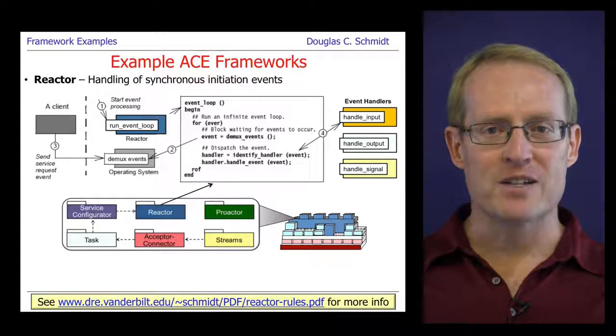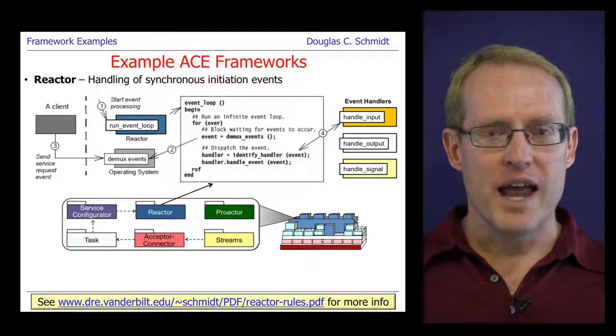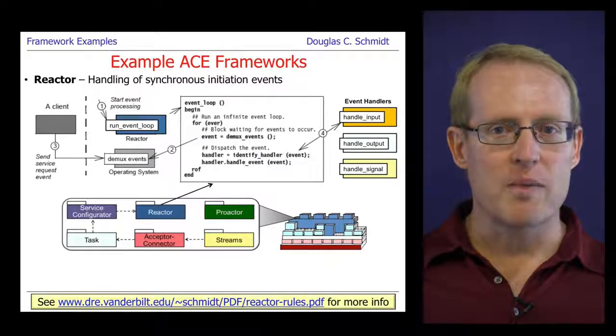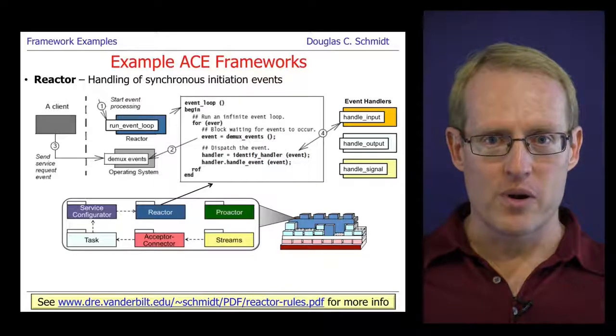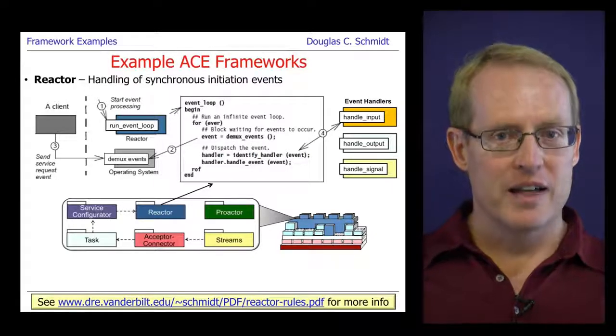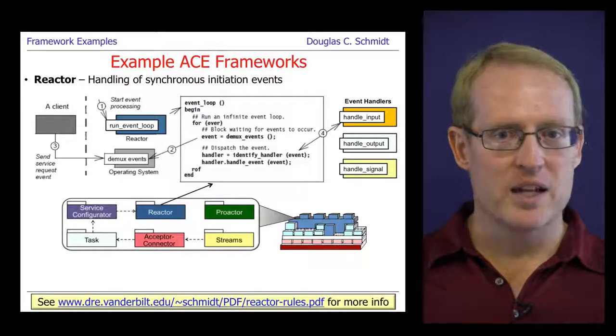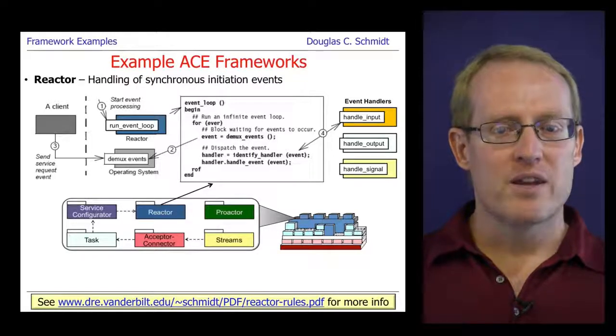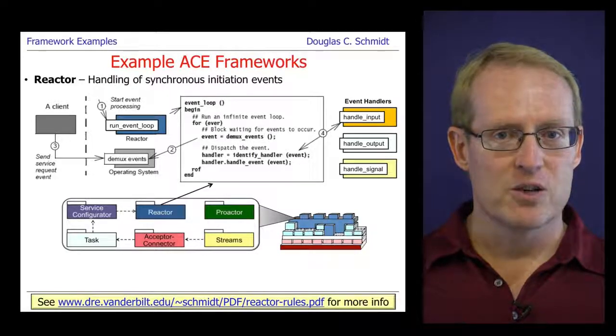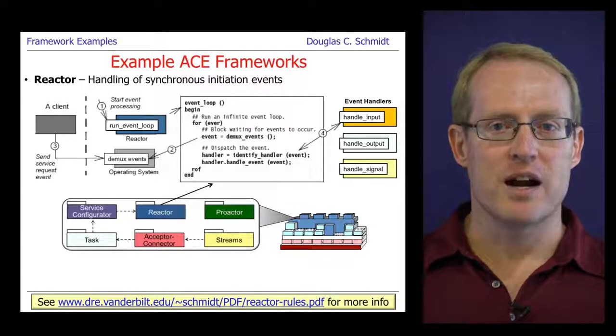So what the Reactor does is it takes those basic mechanisms and it provides a framework that automates many of the tedious and error-prone aspects of handling and dispatching and demultiplexing, and so on, the various initiation events you'll find in common operating system environments.